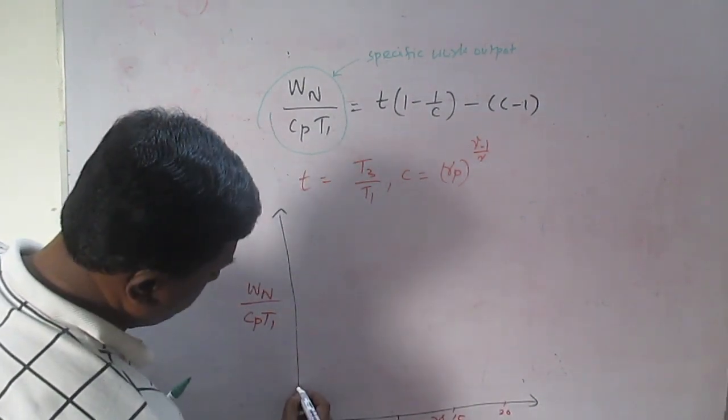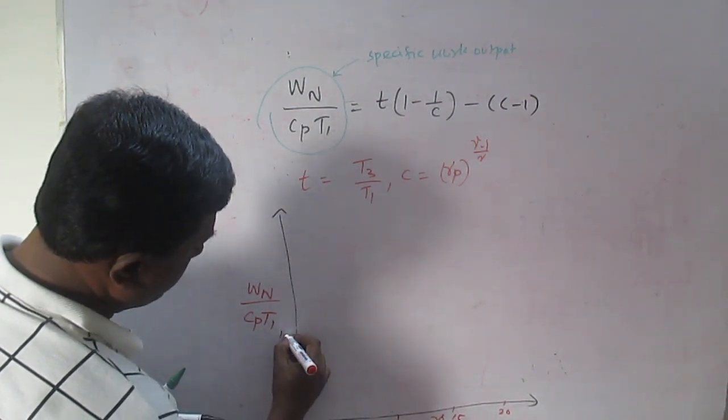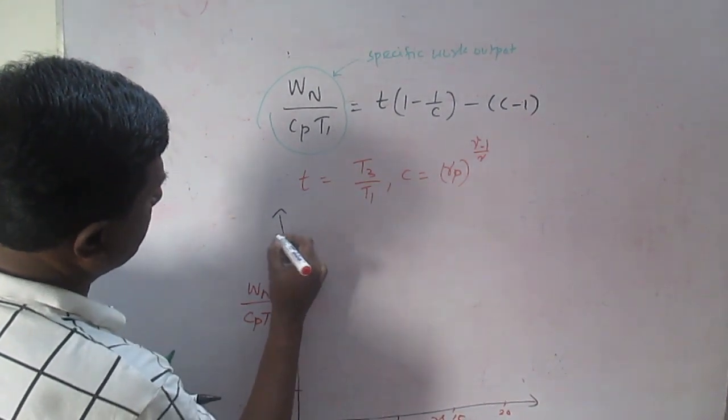Here we can mark 0.5, then 1, then 1.5, then 2, like this.